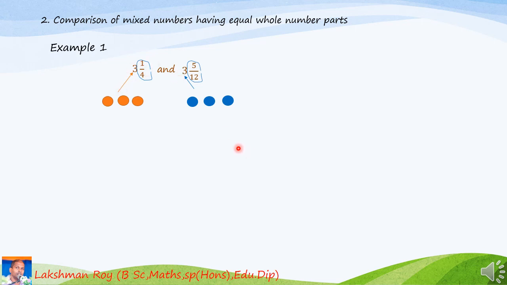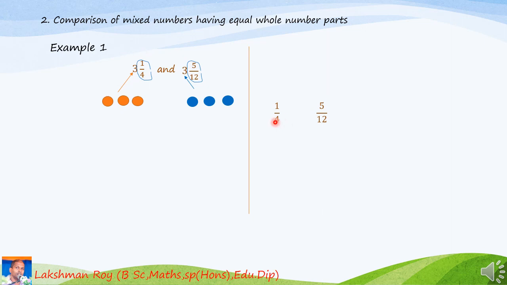So on the side right here, take the fractional parts only: 1 fourth and 5 twelfths. Now I am going to compare these two fractions. How to compare fractions? Already we discussed.